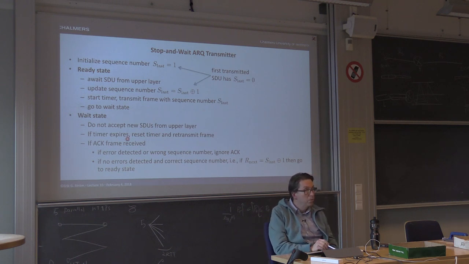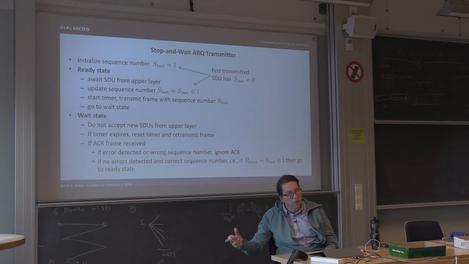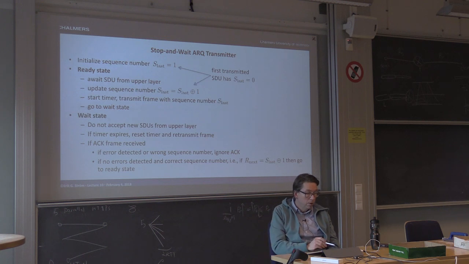And then if the timer expires, then I reset the timer and retransmit the frame. If I receive an acknowledgement frame, supposedly from the receiver, I don't know, the first thing I do is to check for errors. And if errors are detected, or if there are no errors but the wrong sequence number is in the ACK, then I ignore it. Again, I don't trust frames with errors in them.